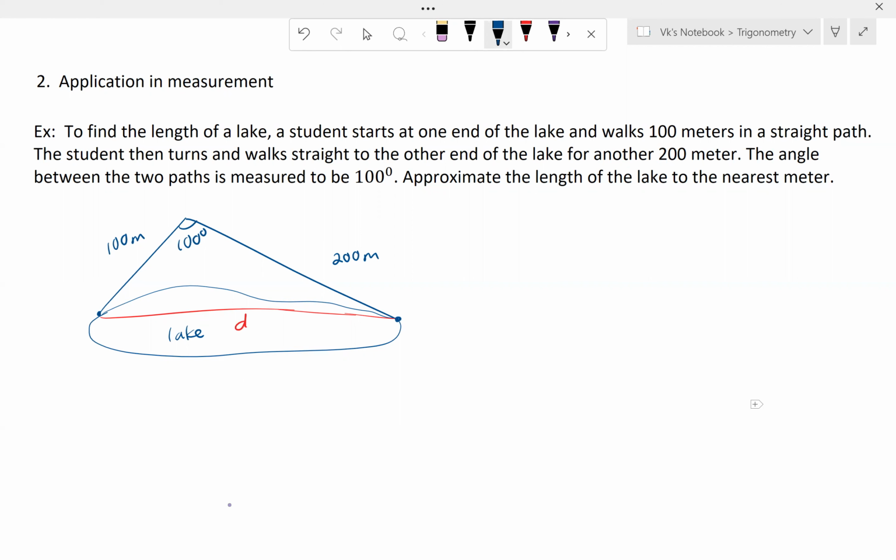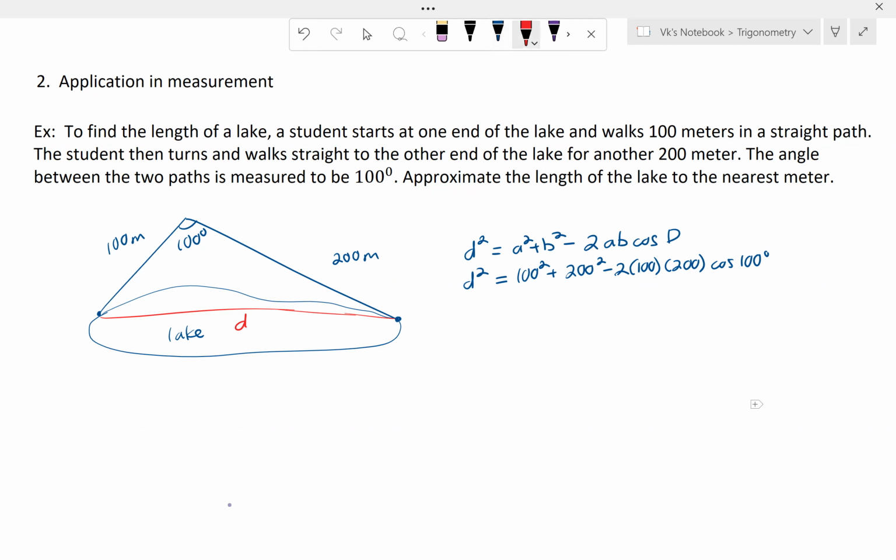Law of cosine tells us that d squared is a squared plus b squared minus 2ab cosine of the angle D. D squared is 100 squared plus 200 squared minus 2 times 100 times 200 cosine of 100 degrees.